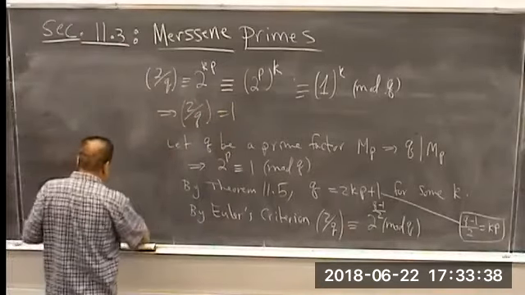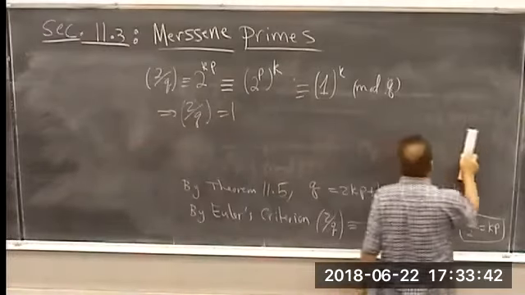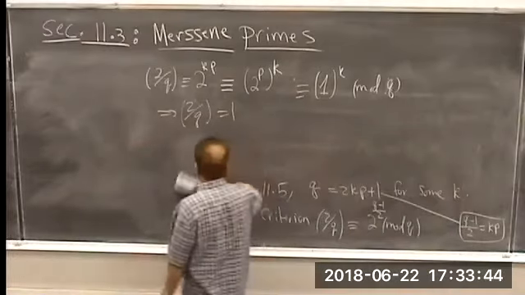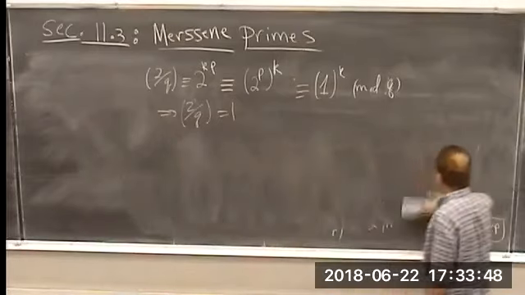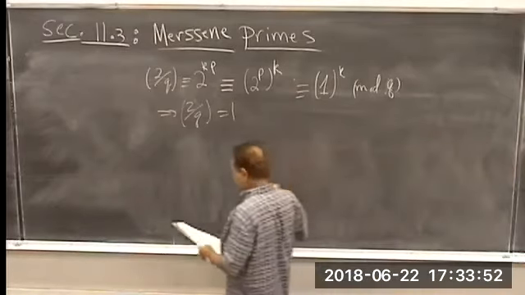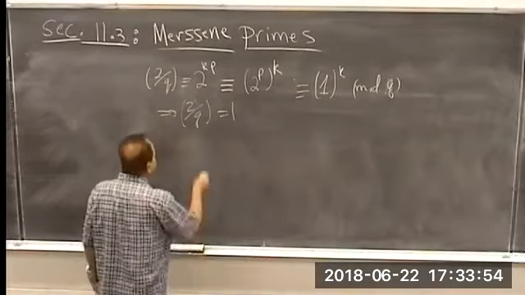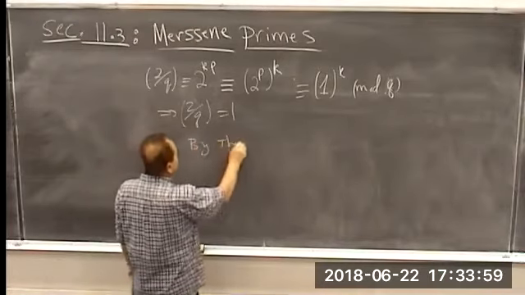Now, with this being 1, when do we get 1 for the Legendre symbol with 2? It must be congruent to 1 or 7, actually, which we could write by Theorem 9.6.